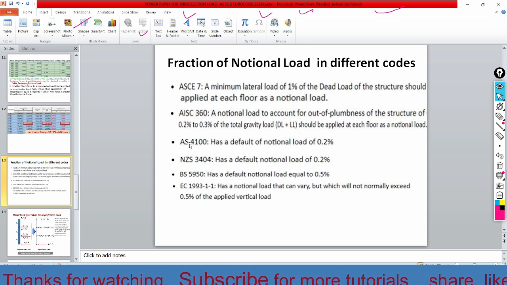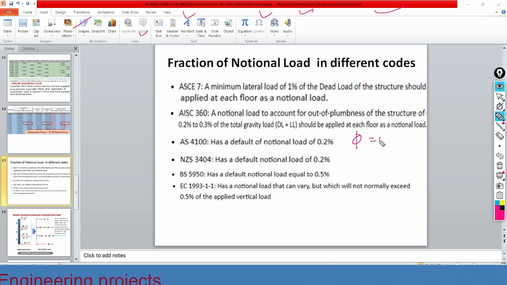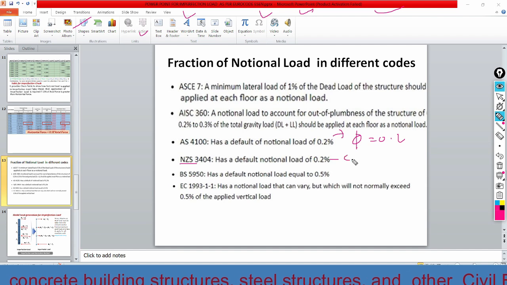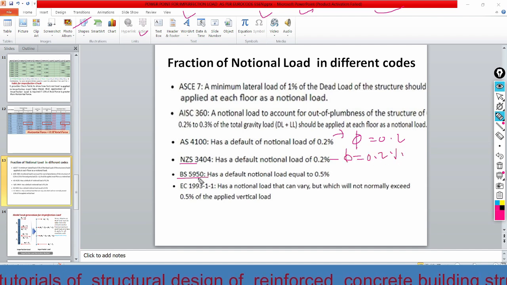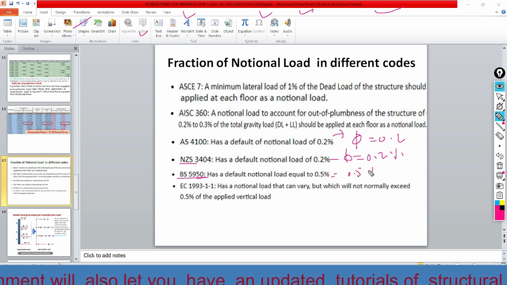In the Australian standard, the value of phi is 0.2. In the case of the Netherlands, phi is 0.2%. And in the case of the British standard, it is 0.5%.